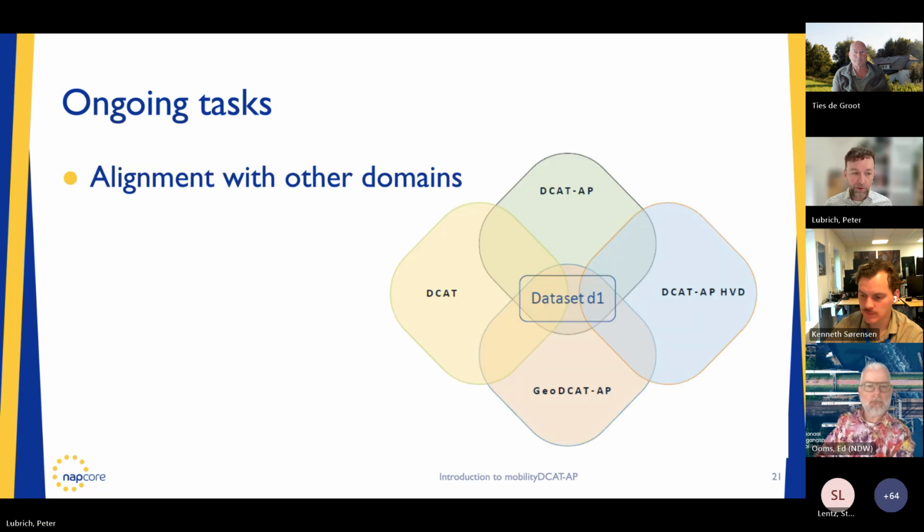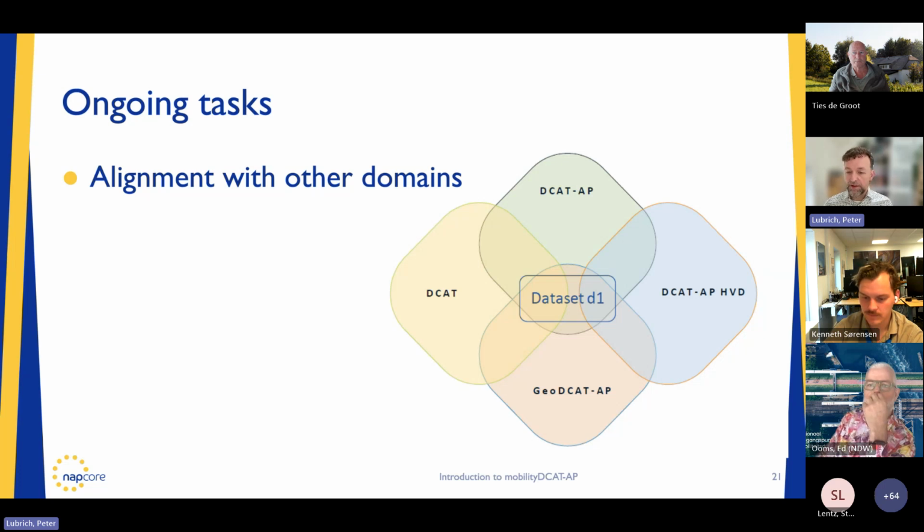So one question that probably will pop up: how do we collaborate with the other DCAT-AP derivatives? So of course, we are in touch. We are following the other works. And the idea here is that one dataset, called here dataset D1, can be represented via different DCAT or DCAT-AP derivatives.